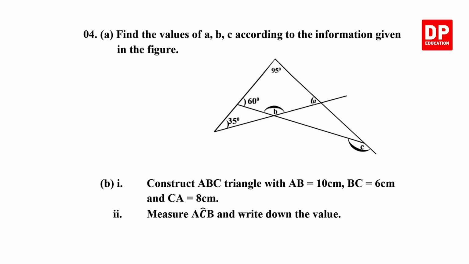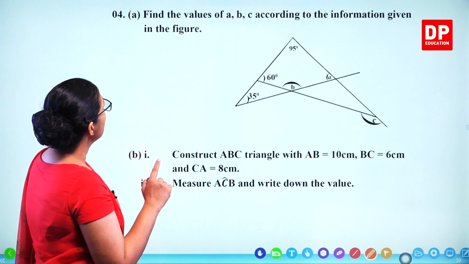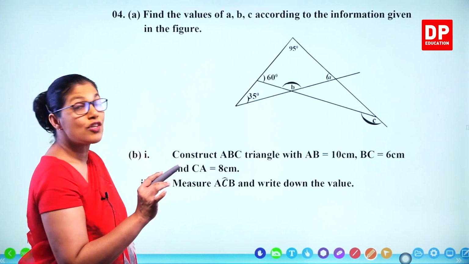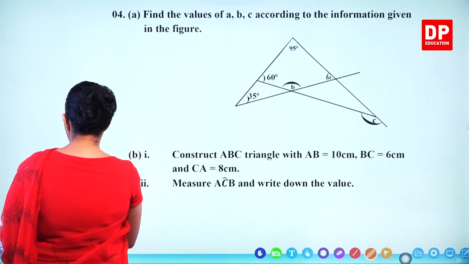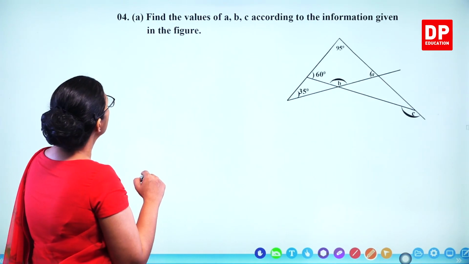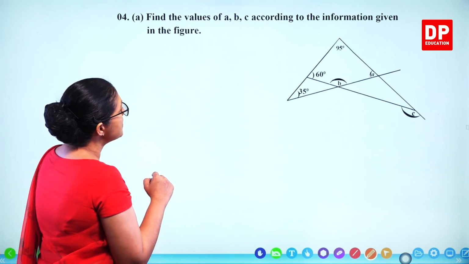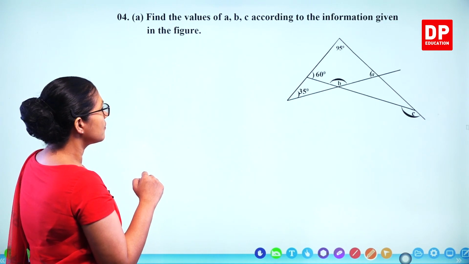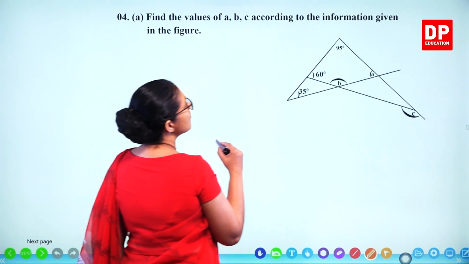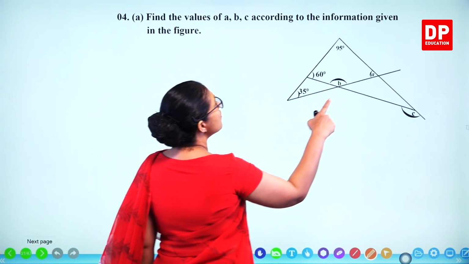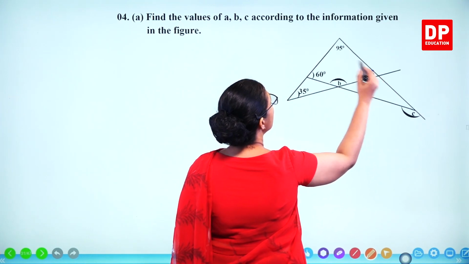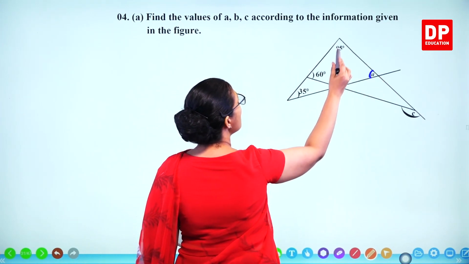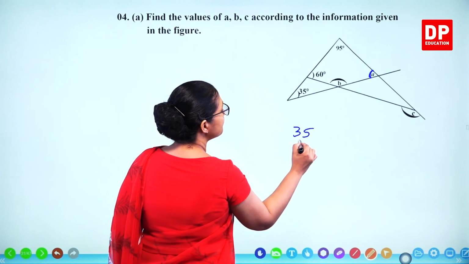Question number 4. Find the values of ABC according to the information given, and the next part, construction, is there. So let's do that. So how you find out the ABC values? Look at carefully and see. Let's first find A. You can take this triangle, 35 and 95 there.